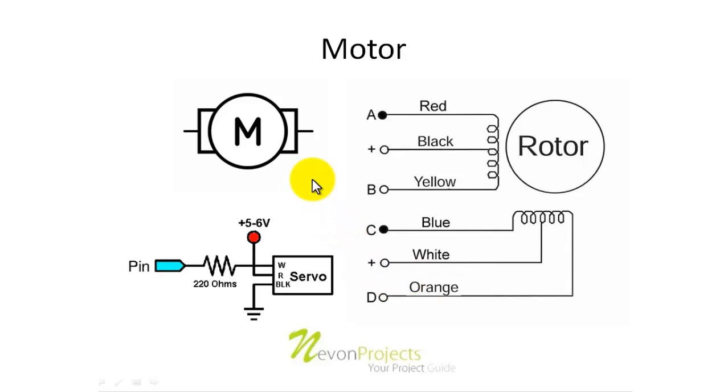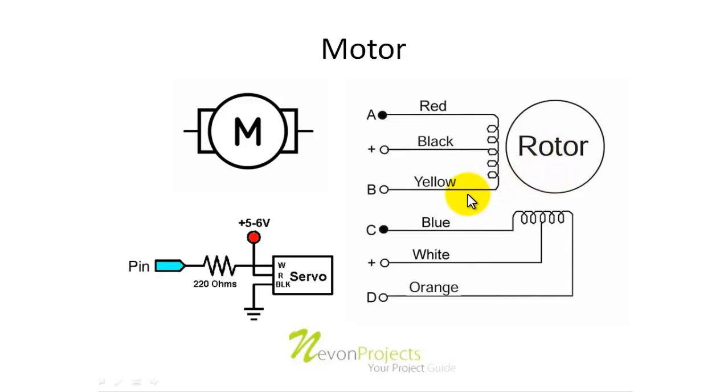How this works is that when a microcontroller gives a high at the red, the stator of the rotor aligns itself with this pole connected to the red one.